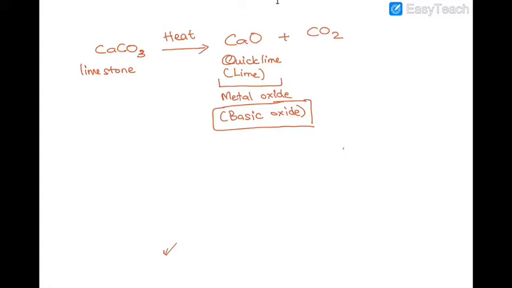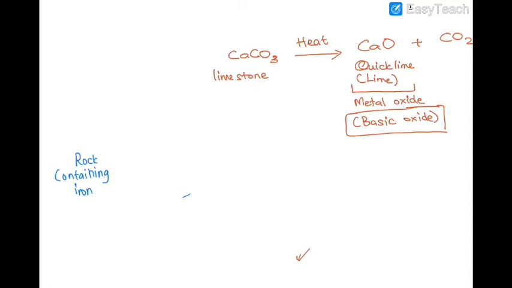So when you are extracting iron, you start with a rock that contains iron. And this rock contains iron, but it also contains impurities like silicon dioxide, which is basically sand.